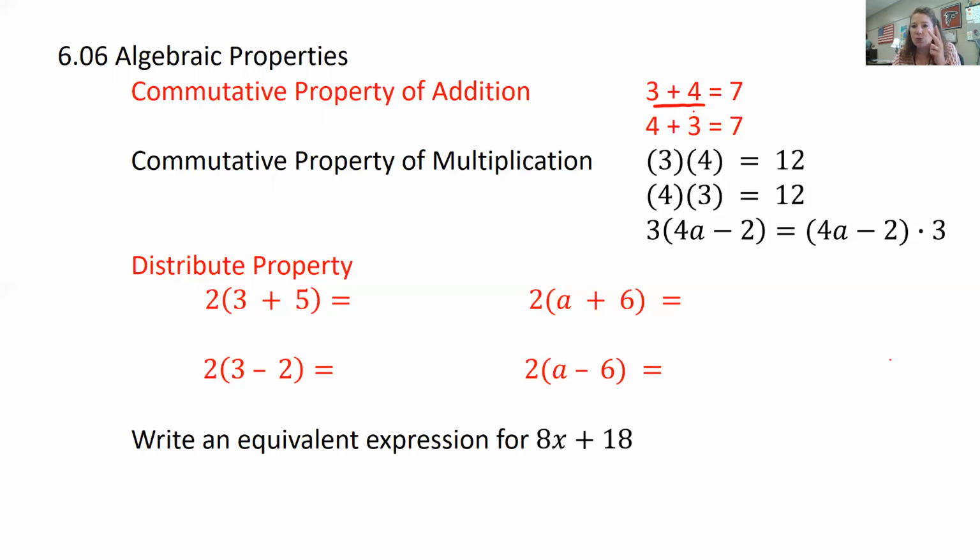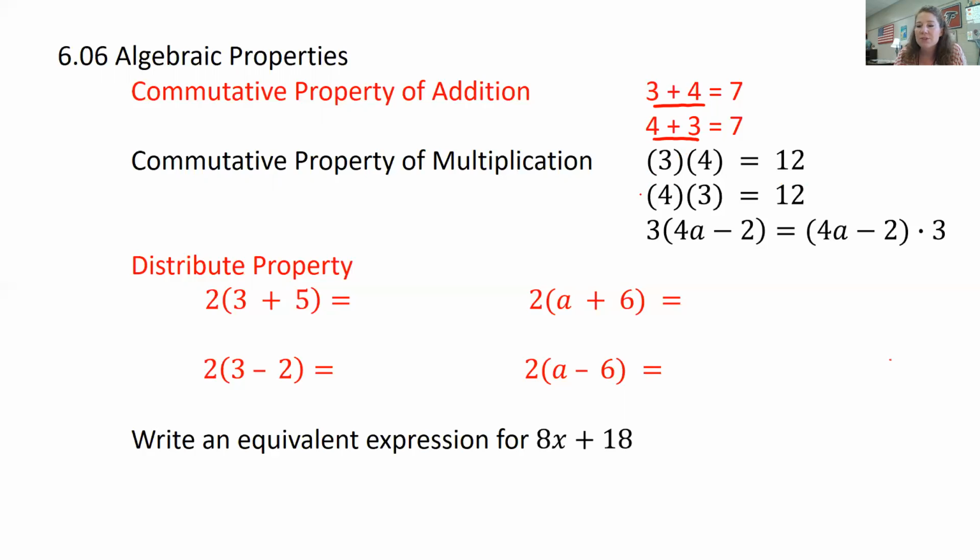Well, if I change the order of those numbers and add them, I'm still going to get 7. 3 plus 4 is 7, and 4 plus 3 is 7. So you can do that with multiplication and addition. You can change the order that you multiply in or add in, and you're going to get the same answer, okay?